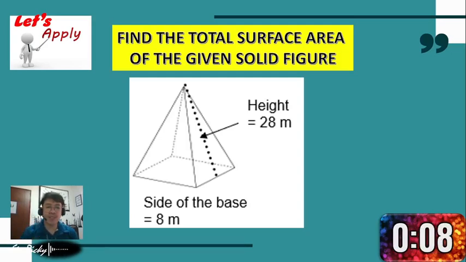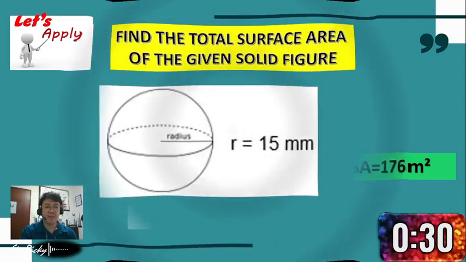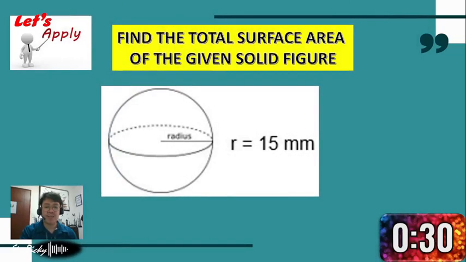As you can see here, you will be solving the total surface area of a square pyramid. Okay, time's up. The correct answer is 176 square meters. Let's have the last one. Find the total surface area of the given solid figure, wherein the radius is equal to 15 millimeters. Your 30 seconds starts now.